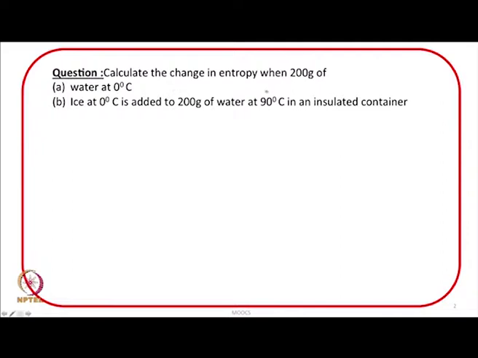Calculate the change in entropy when 200 gram of water at 0 degree Celsius and, in the second experiment, ice at 0 degree Celsius is added to 200 gram of water at 90 degrees Celsius in an insulated container.